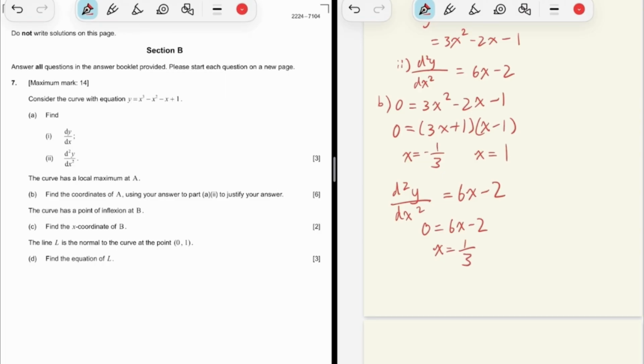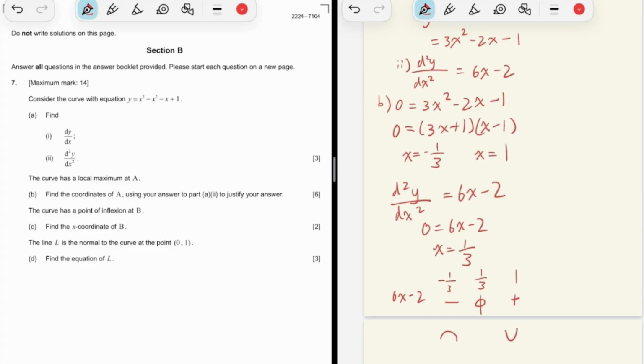Then you would want to draw a chart with your factors, 6x minus 2, and then you would add all of the zeros that you have found, and then you would label it on here. And so this is a second derivative test where you would mark the 0 that you found for the second derivative, and then on the left it will be negative, and then on the right it will be positive. And so this will be concave down, and this will be concave up.